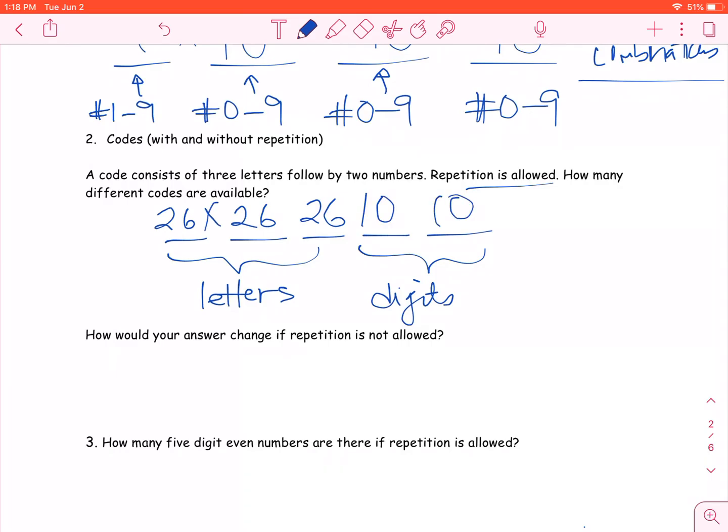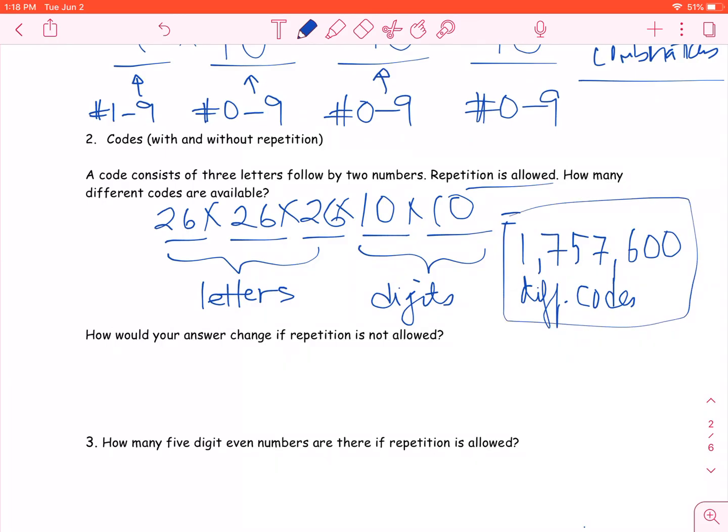Using our multiplication rule, we can just multiply 26 times 26 times 26 times 10 times 10, and that will leave us with 1,757,600 different codes that are available.